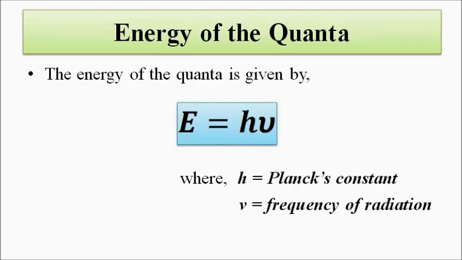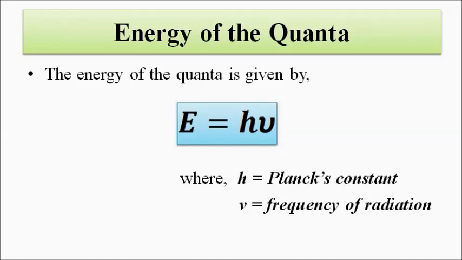Here we are just discussing them quickly, we are not going into detail. So this is the energy of a single packet which is emitted, which is directly proportional to the frequency of the radiation, and h is Planck's constant.